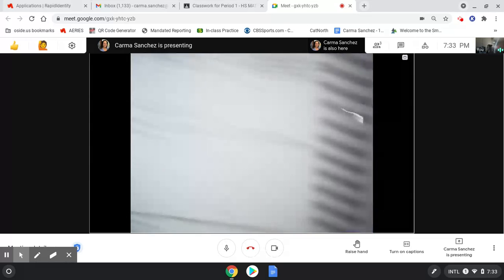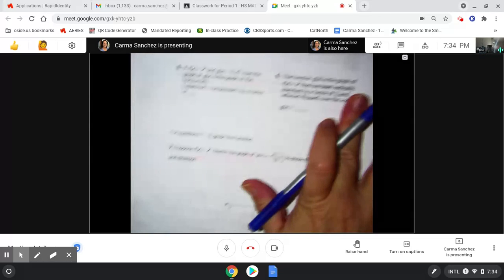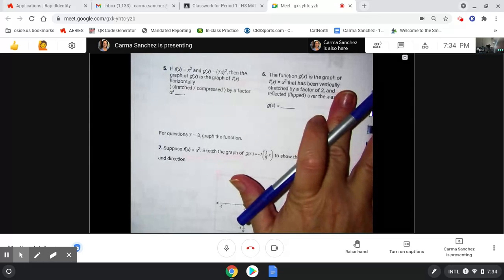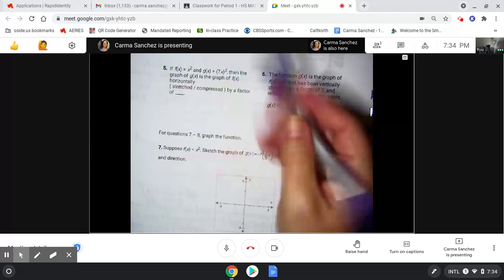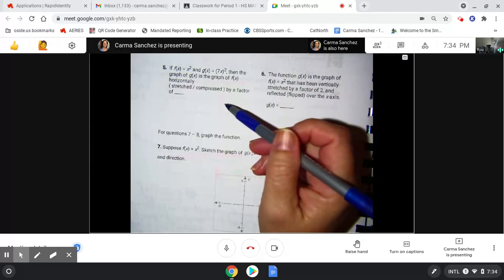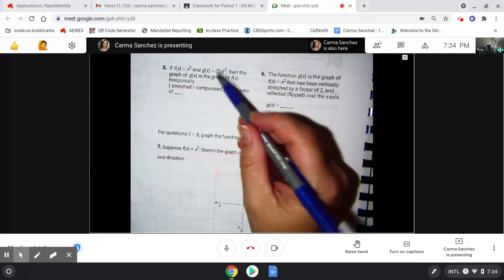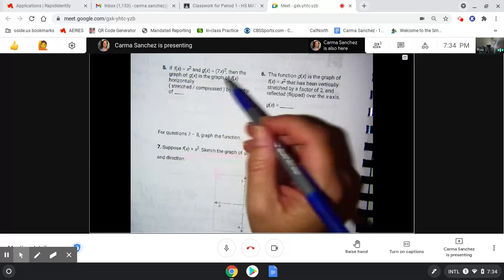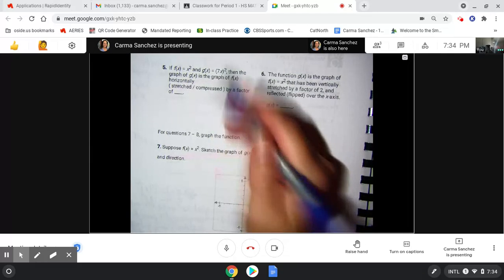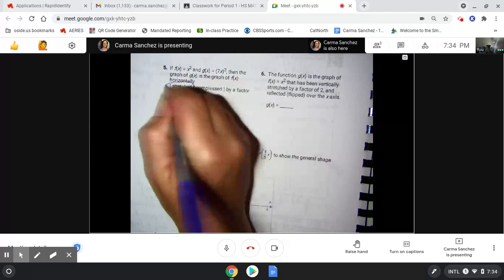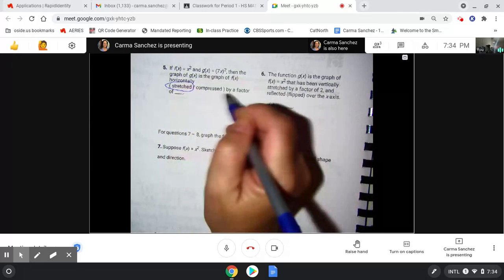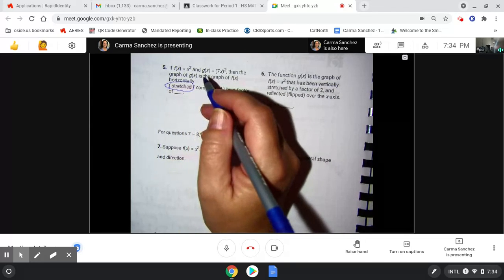Okay, let's try a couple more of these. Remember to pause the video, try them, and then see if you got it. That's really helpful. So if f of x equals x squared and g of x is equal to (7x) squared, we can say that the graph is horizontally... stretched by a factor of, just kidding.